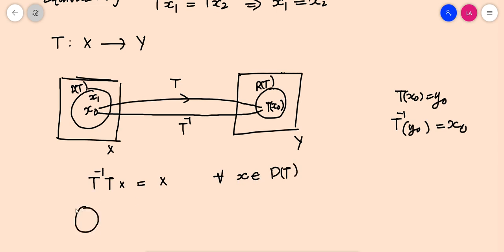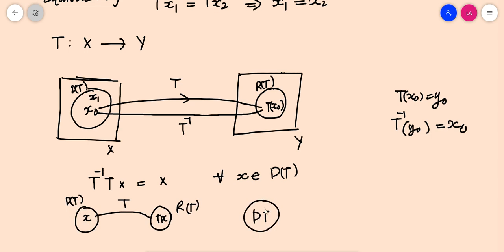So this is D(T), here we take an x. This is R(T), here we have T of x. So this is the function. Now T maps x to T of x, and T inverse maps T of x onto x.